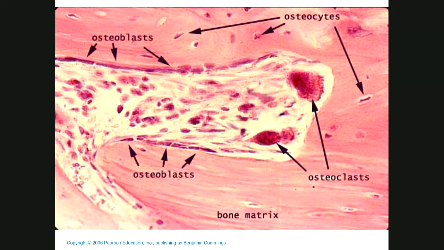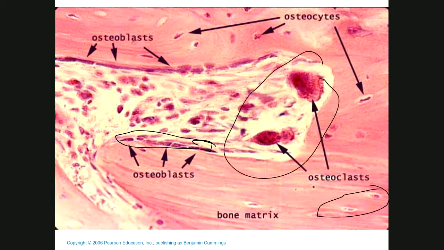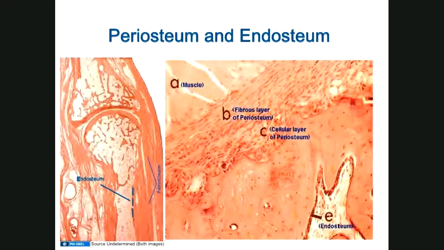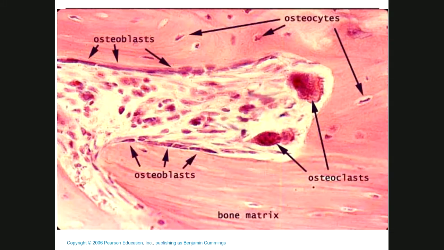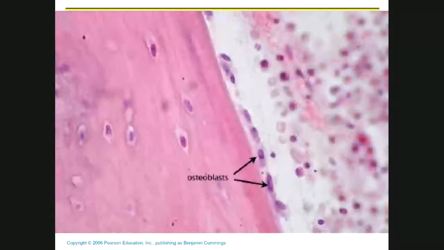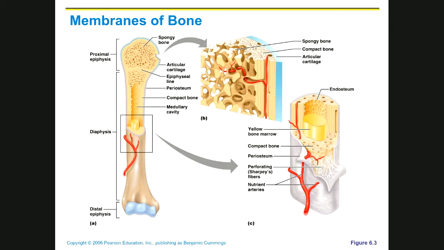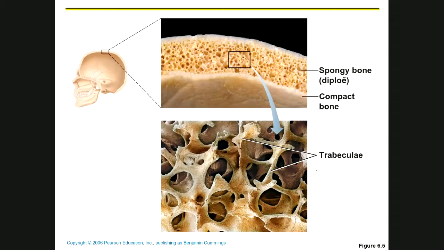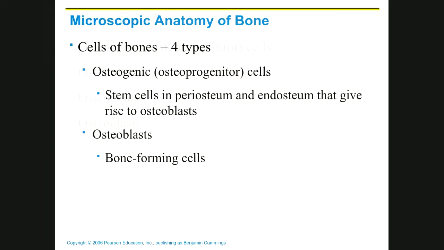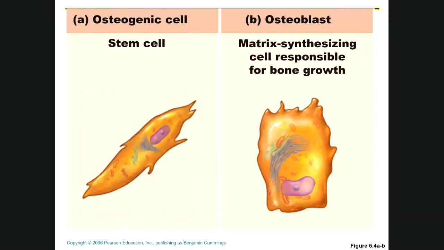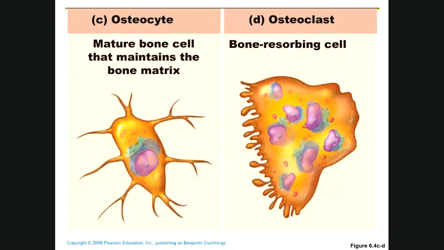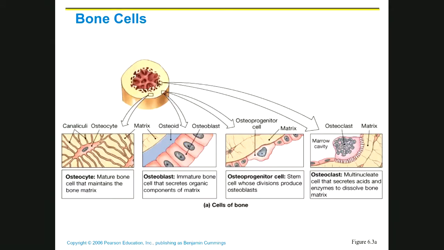So there's osteoblasts, there's osteocytes, there's osteoclasts. Any questions? So again, 4 types.